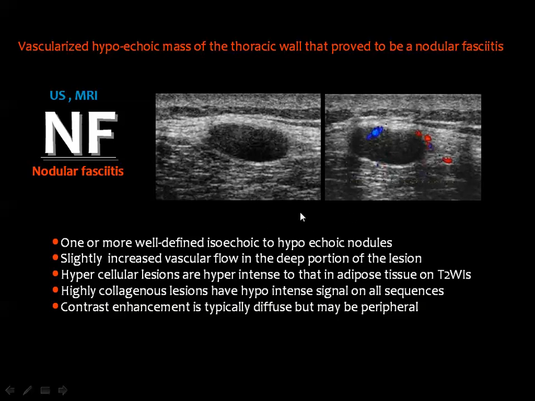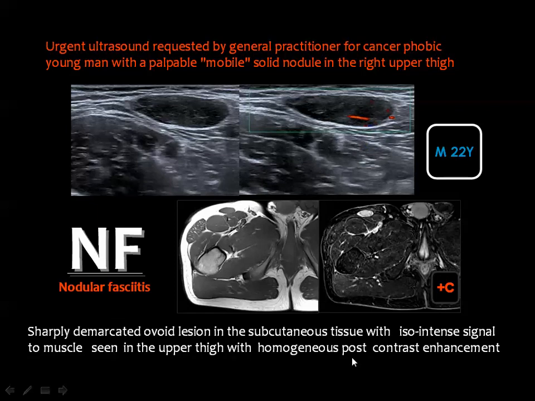Because of the fibrous content, they will appear hypointense in all pulse sequences, in T1 and T2, but some of these tumors are hypercellular. They will show hyperintensity on the T2 weighted image, and they will show, of course, contrast enhancement.